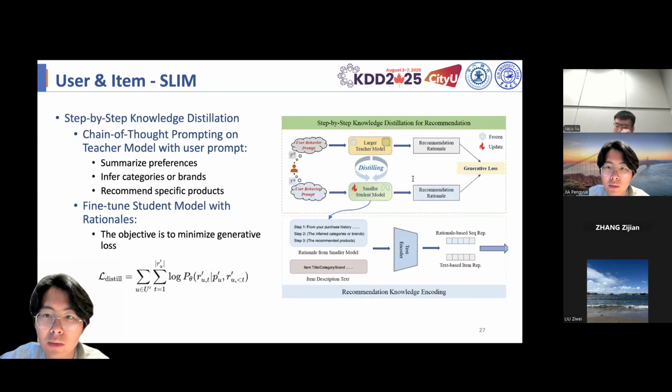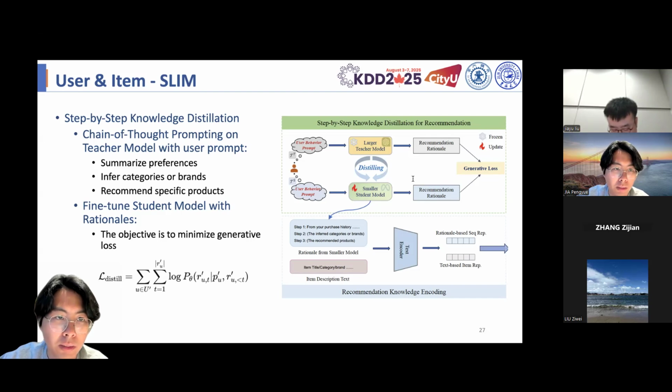This slide describes how the SLIM framework uses a large teacher LM to perform step-by-step recommendation reasoning using chain of thought prompts. The teacher model outputs a rationale consisting of a user's preferences, preferred brands or categories, and recommended items.